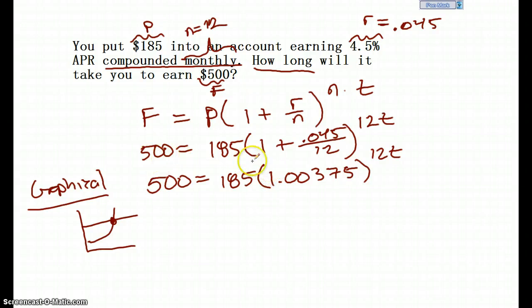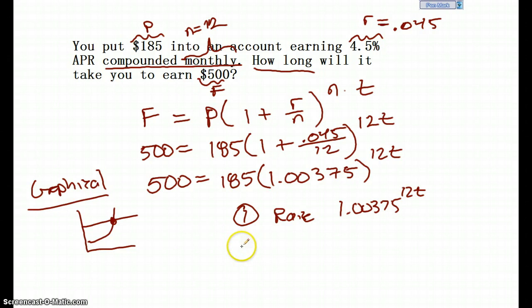So if I were to put something in for t, my order of steps would be: raise 1.00375 to the 12t power. My second step would be to multiply by 185.